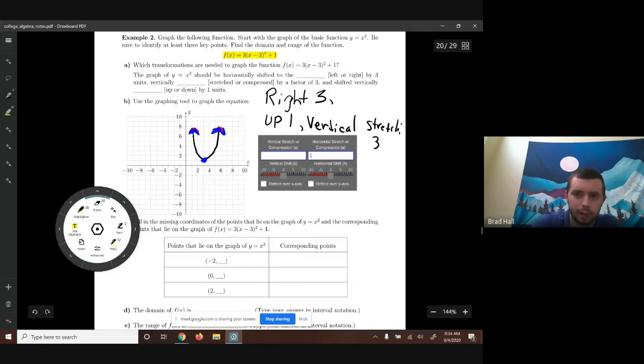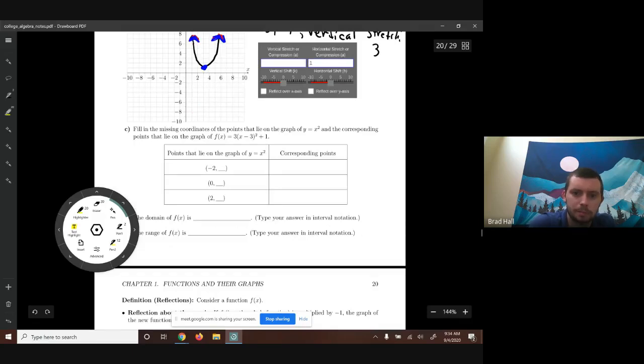I just rewrote all the things that we found. This graph goes to the right 3, up 1, and there's a vertical stretch of 3. We went through a few of these last time for part C, or we might have finished it. I'm just going to go through it again to be clear about it. So that's where we will pick up from.